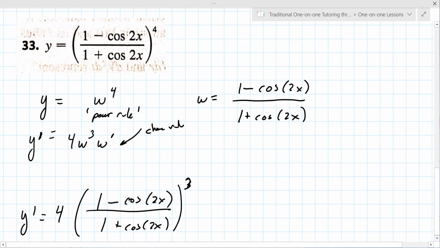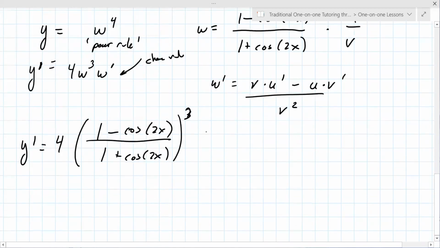So now you've got to take the derivative of this. This is a quotient rule problem. Do you agree with that? Yes, sir. This is quotient rule. So we've got u over v, and that's why I didn't immediately go to u. The words I think are more helpful. W prime is bottom times derivative of the top minus the top times the derivative of the bottom, over the bottom squared.